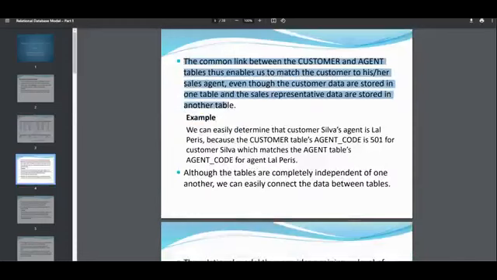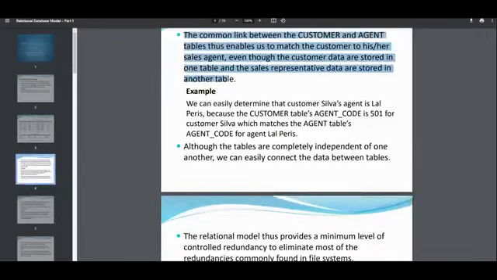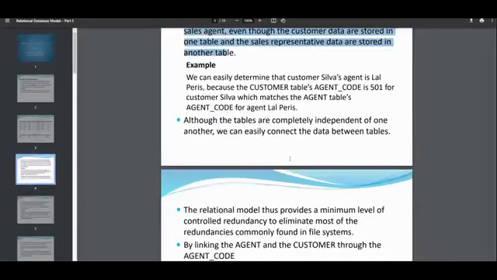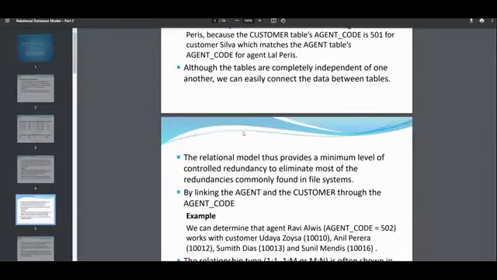In that way, we can access the required data. So that is what it is explaining here, right?